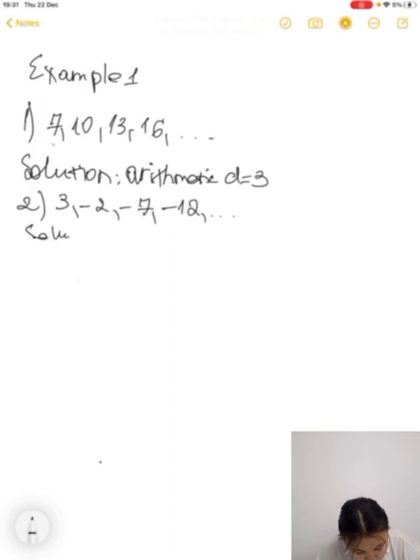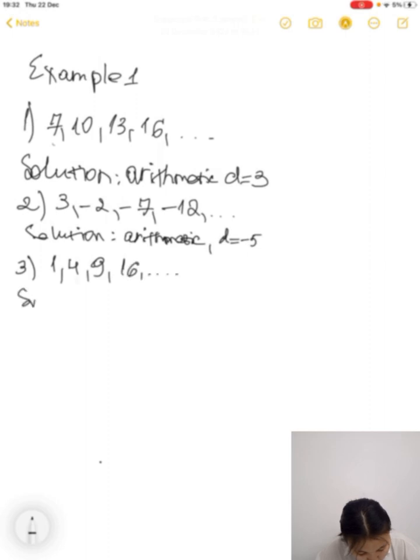Solution. This is arithmetic, and d is equal to minus 5. Third, 1, 4, 9, 16. Solution.